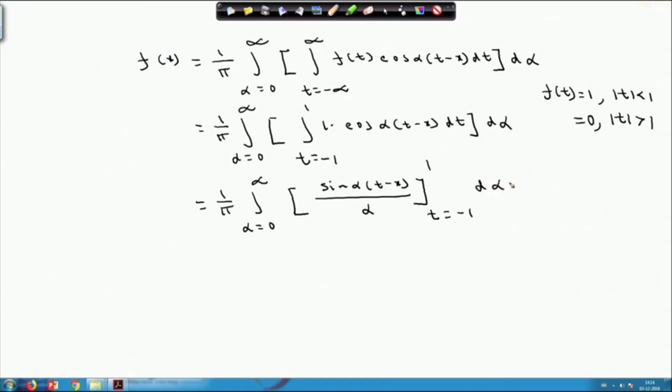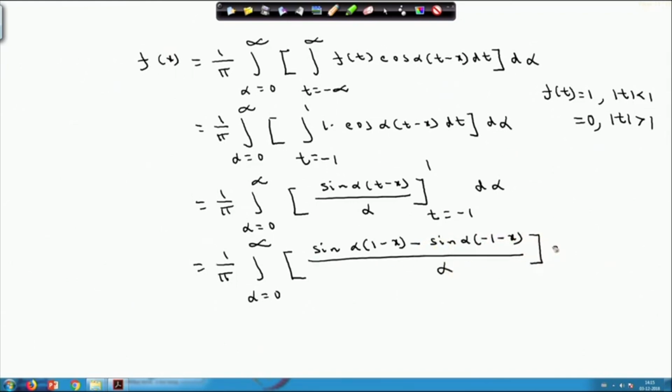Substituting the values, alpha varies from 0 to infinity, and this will be sine of alpha into (1 minus x) minus sine of alpha into (minus 1 minus x), divided by alpha, d alpha. You are just substituting t equals 1 and t equals minus 1 here.